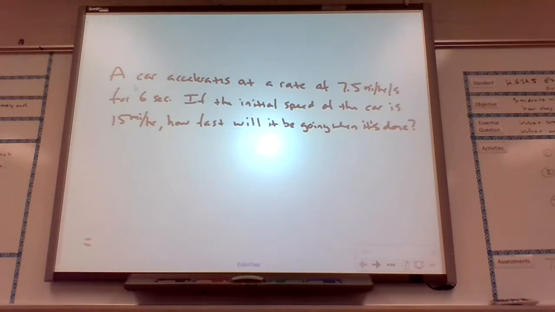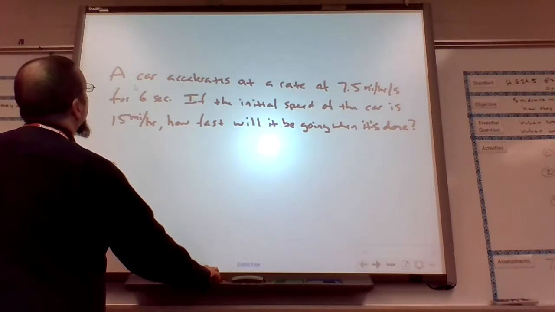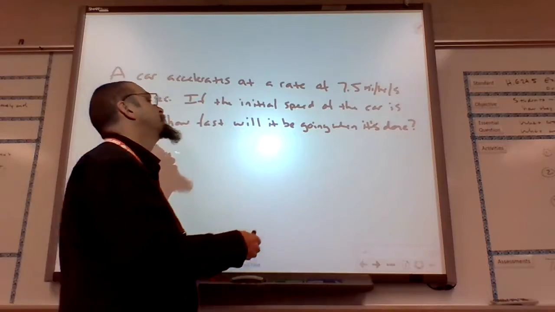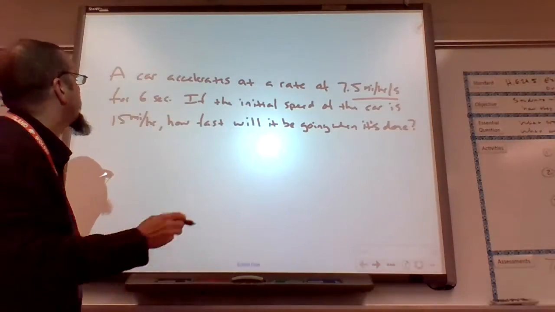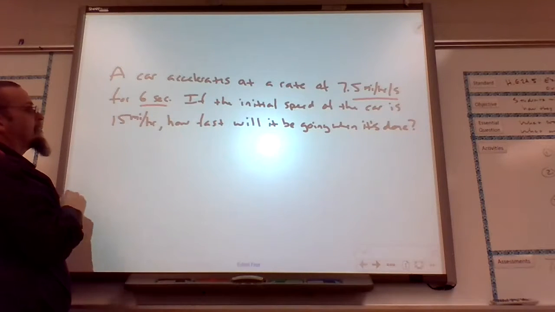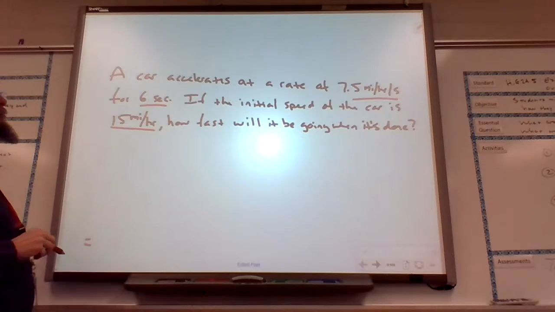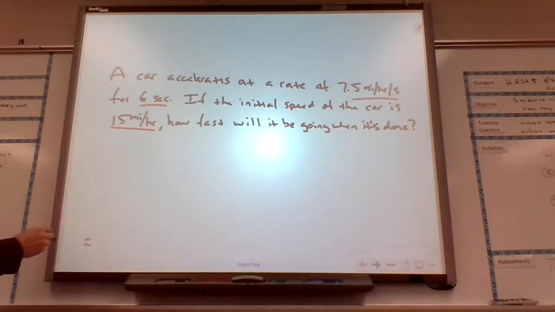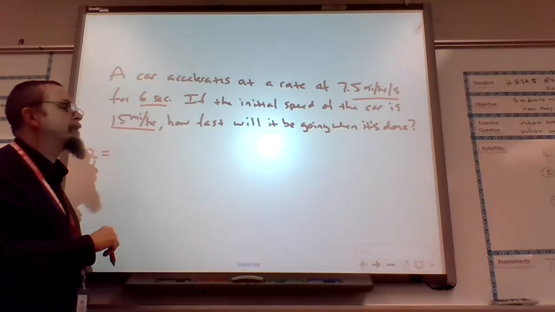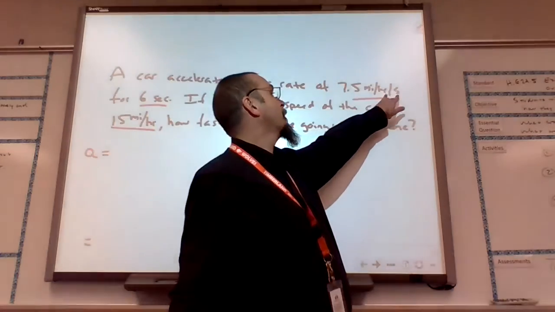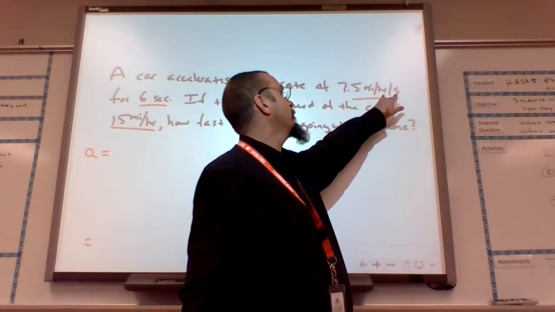So again, just like any problem before, we go through and figure out what all these numbers are. I get 7.5 miles per hour per second, 6 seconds, and 15 miles per hour. Miles per hour per second is an acceleration unit. It's got two times in it, or it will have time squared depending upon whether it was simplified or not.